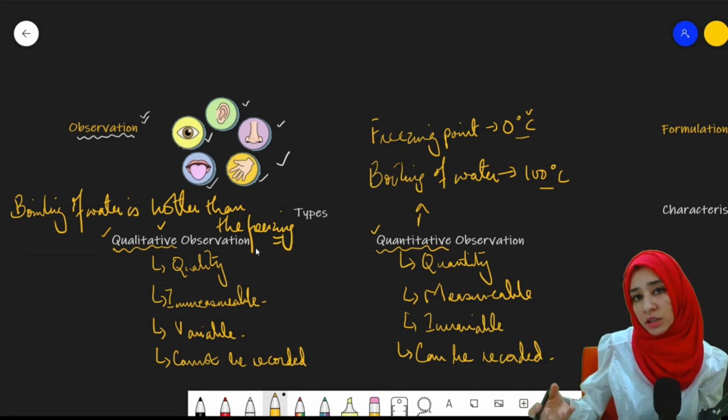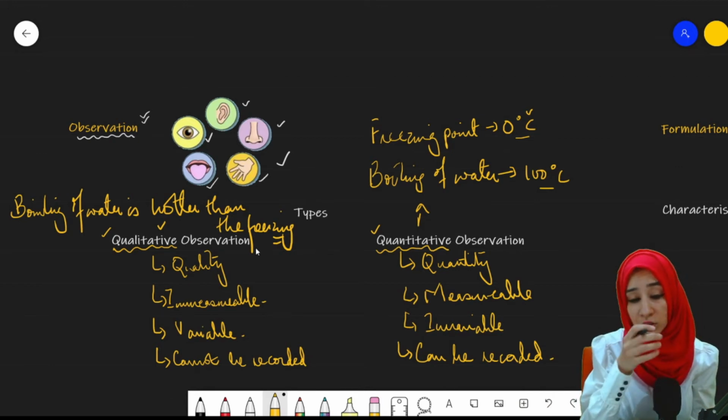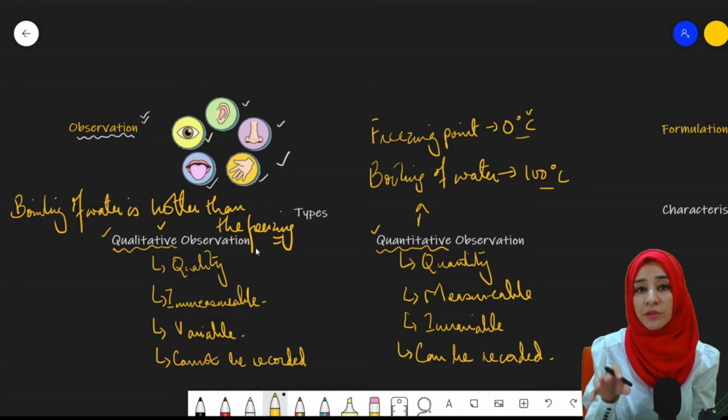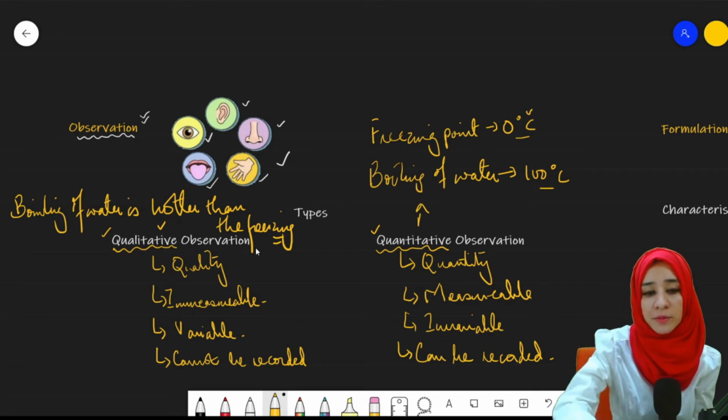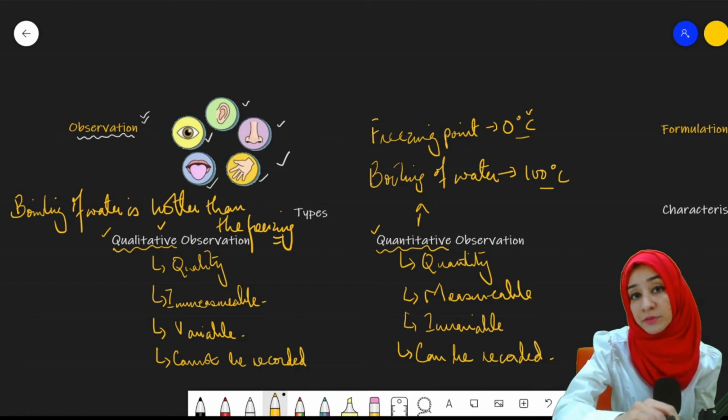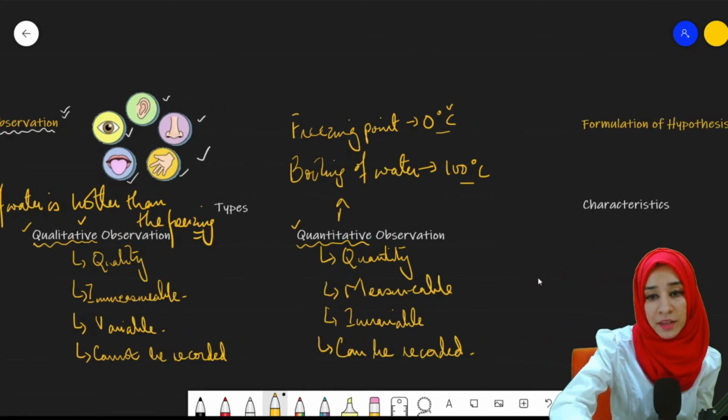That the boiling water is hotter as compared to the freezing water. So this is how the qualitative and quantitative observations are differentiated from each other. So this was the second step of the biological method, the observation.